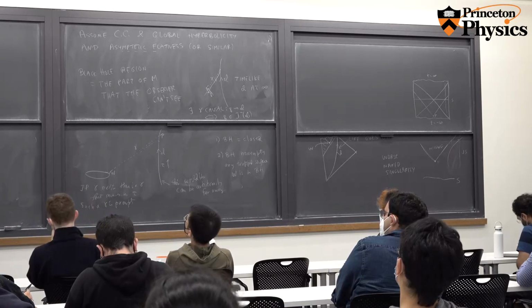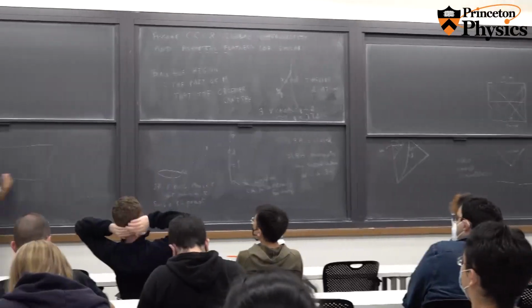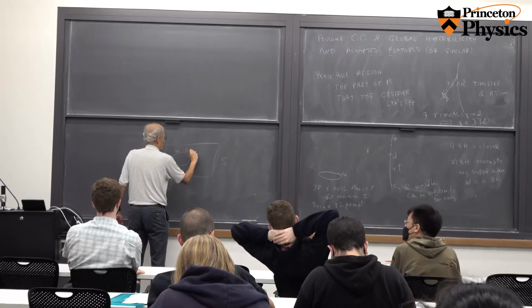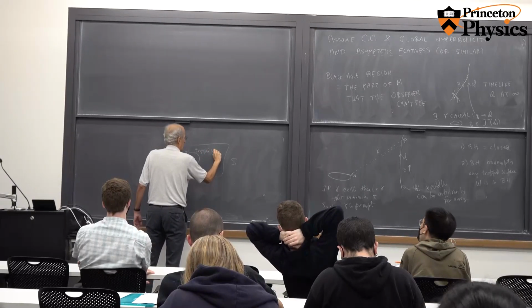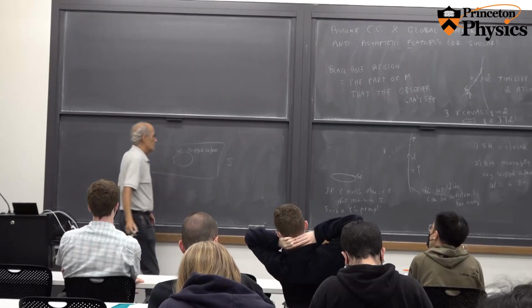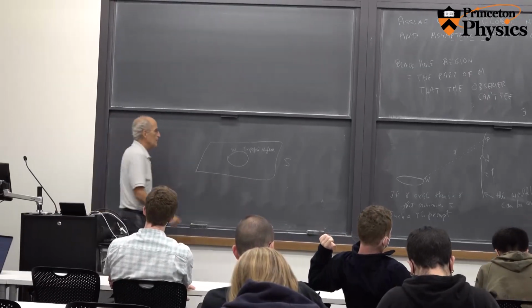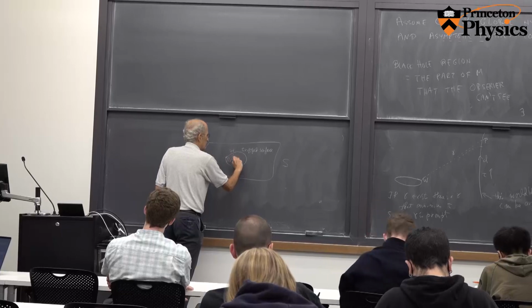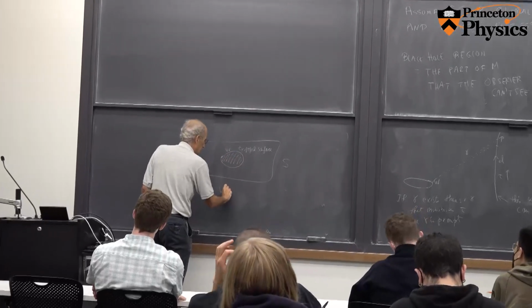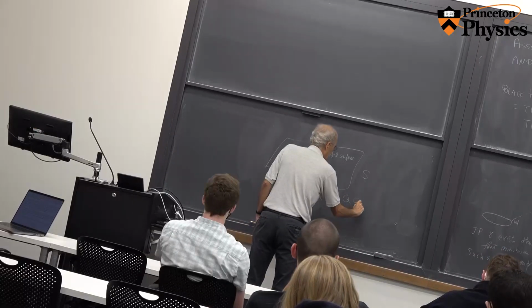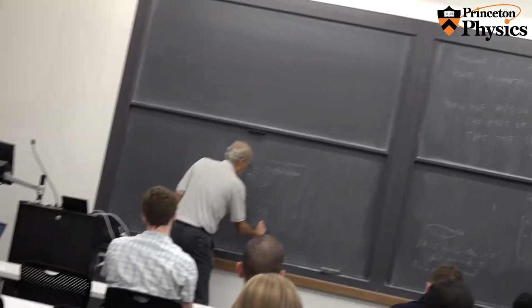So here's our initial value surface S, and here's a trapped surface W. One would intuitively believe that if you can't communicate with infinity from W, it's even worse from inside W. So W is, let's say, the boundary of Q, where Q is also contained in the trapped surface. Q is compact.